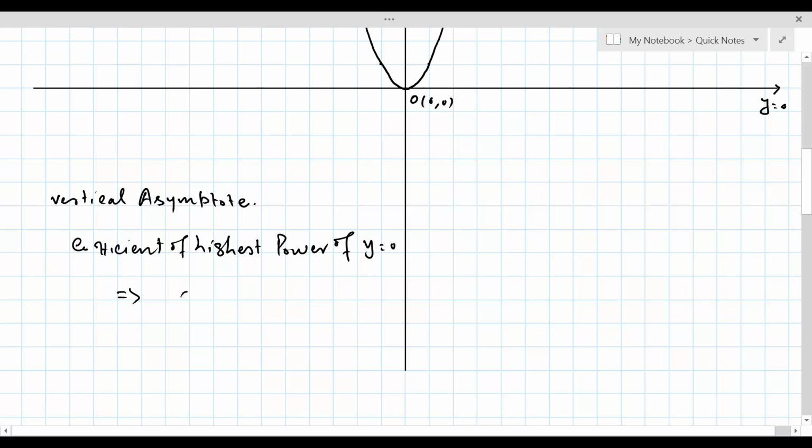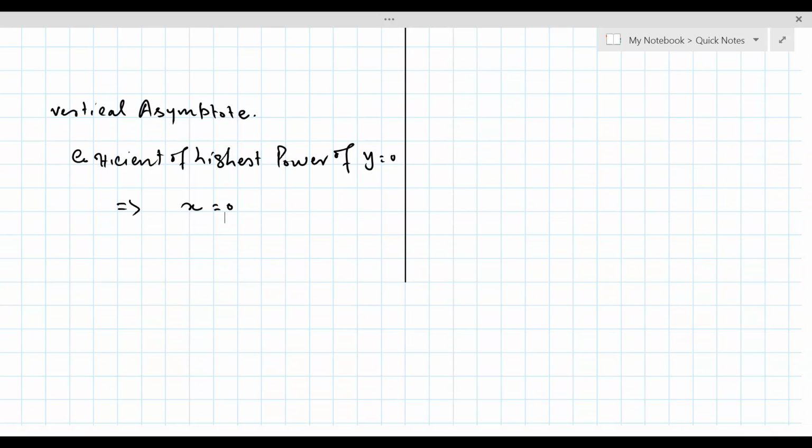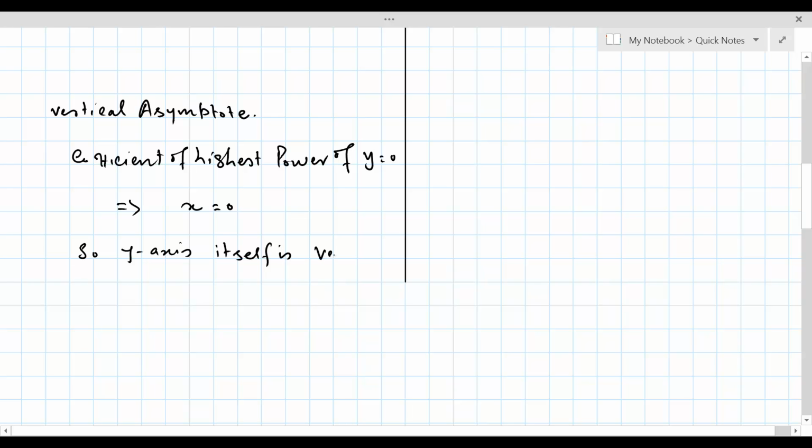This means x is equal to 0. So the y-axis itself is the vertical asymptote.